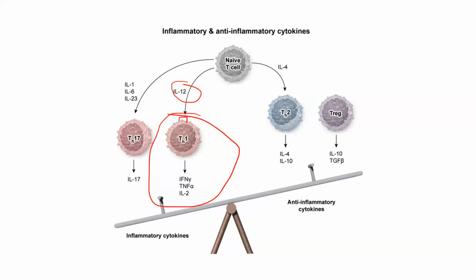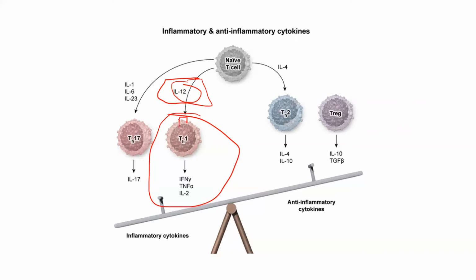Just generally, if you were to pick Th1, Th2, Treg, and Th17, and a macrophage said, I need your help, which one are you going to be? You're going to be a T helper 1, okay? And so that's why it is the one that stimulates your Th1 receptor, okay? And when you stimulate that with this verbal communication of IL-12, you become a Th1.